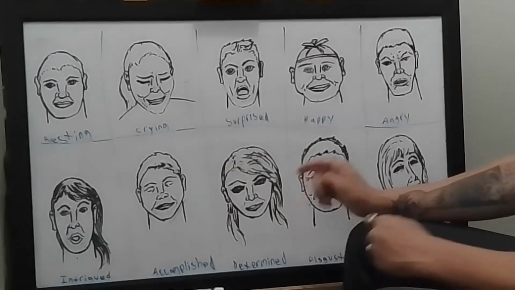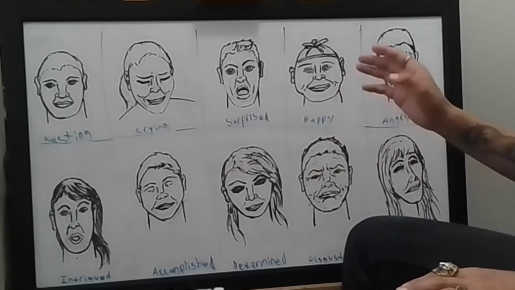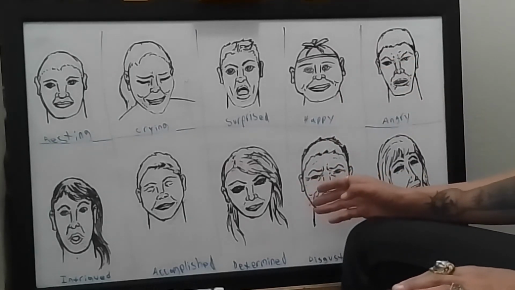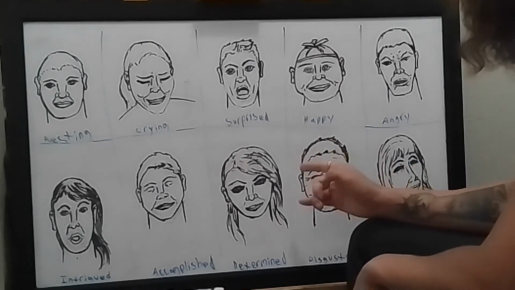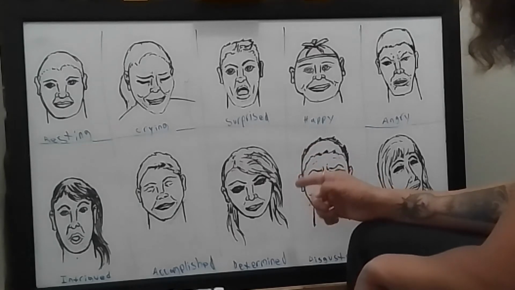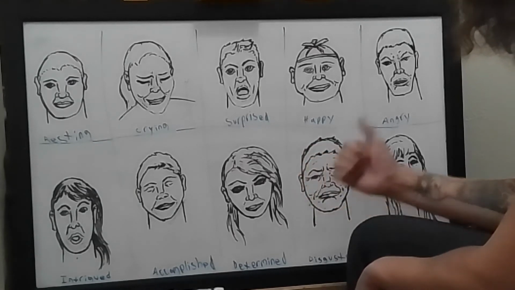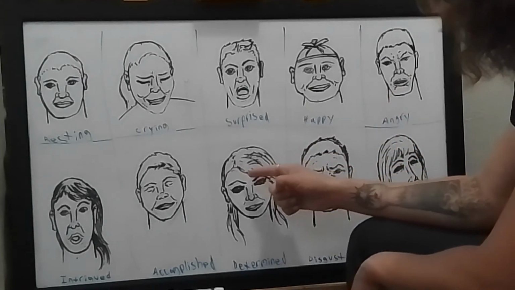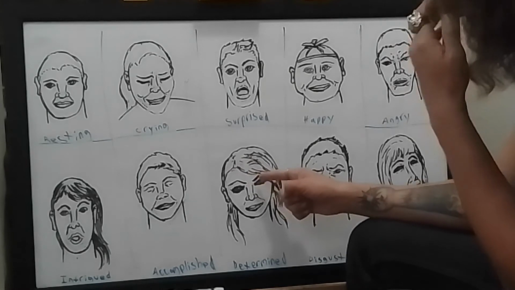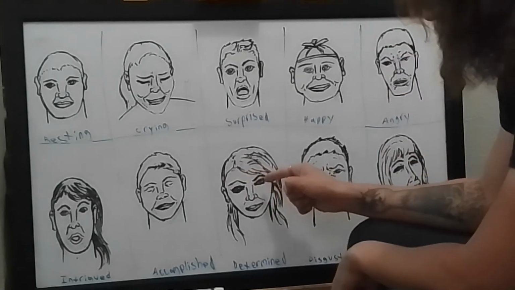Determined. This person looks very, very focused right now. And the way that this person has such an intense expression, but isn't angry, there aren't those tension lines right there, you see? This person has very straight eyebrows.